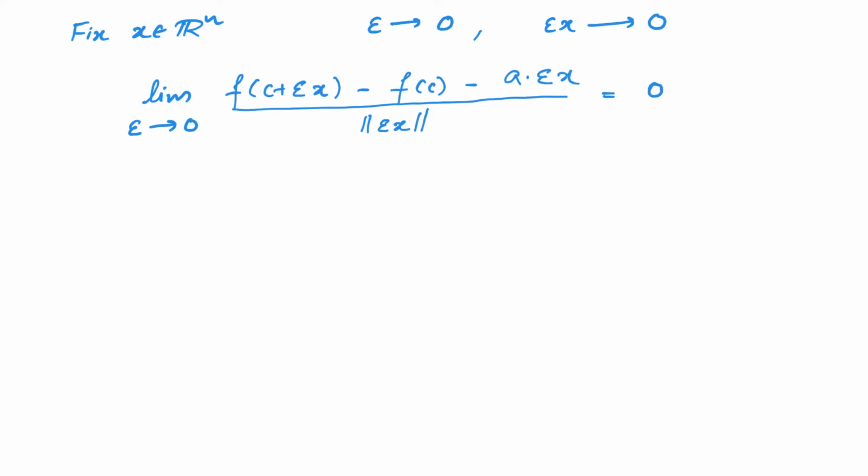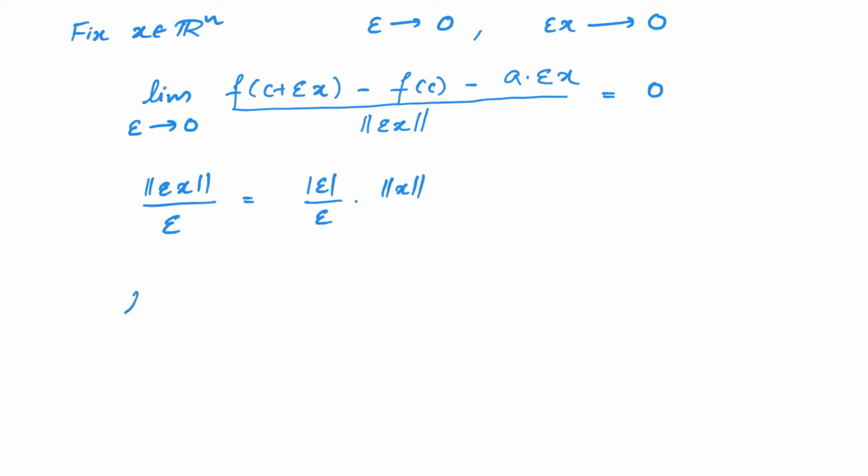Further notice that norm of epsilon x divided by epsilon is equal to mod epsilon by epsilon into norm x. Now notice that mod epsilon by epsilon is either plus 1 or minus 1 and norm x is a fixed number. Therefore, this product is bounded. As this product is bounded and the earlier limit converges to 0 as epsilon tends to 0, we know that their product will also converge to 0 as epsilon tends to 0.